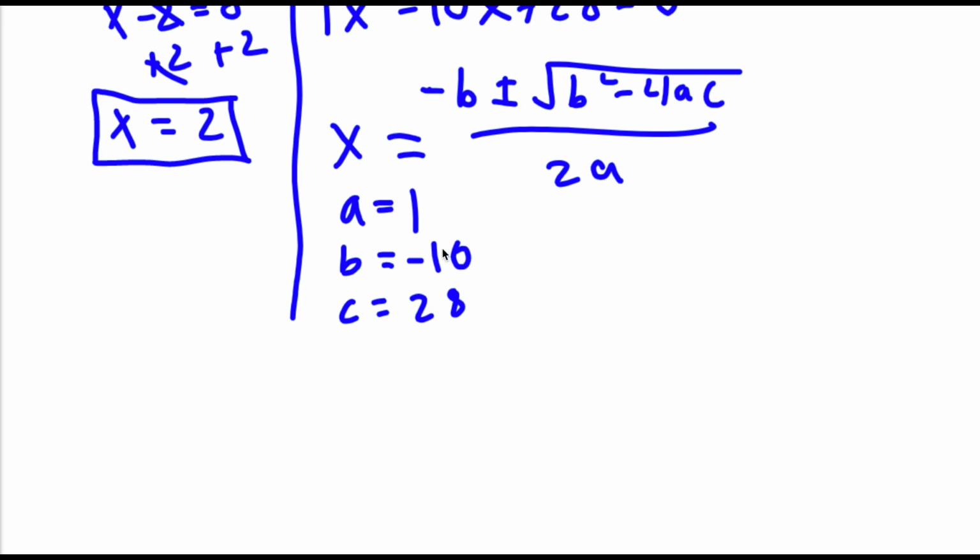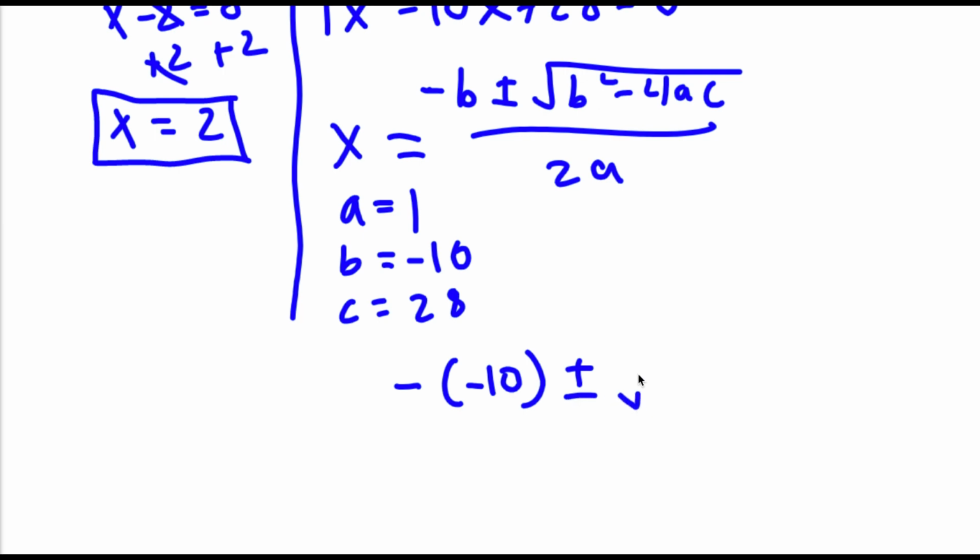So now, if I plug all of these values into our quadratic formula, negative b plus or minus the square root of b squared minus 4ac over 2a, well, first off, b is equal to negative 10, so I would have negative of negative 10.